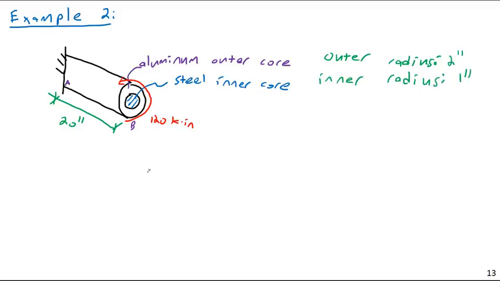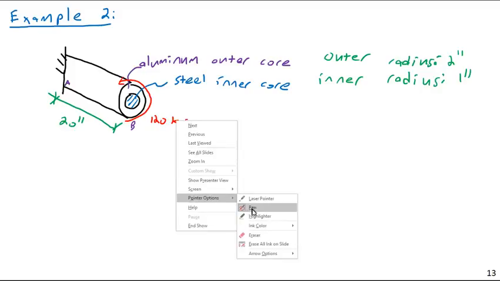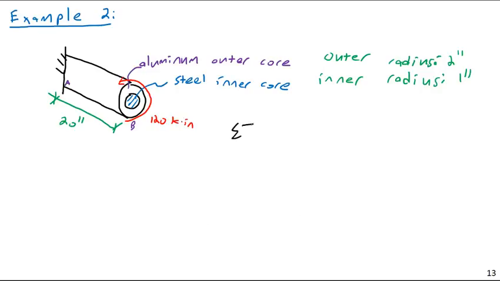Okay? So if I do a sum of torques, they have to be equal to 0. This leads inevitably to TA equals TB equals 120 kip-inches.